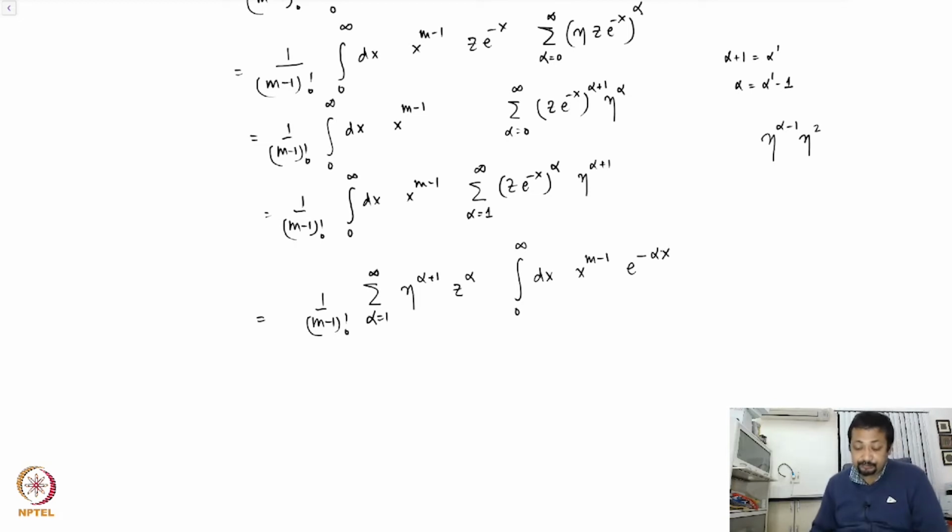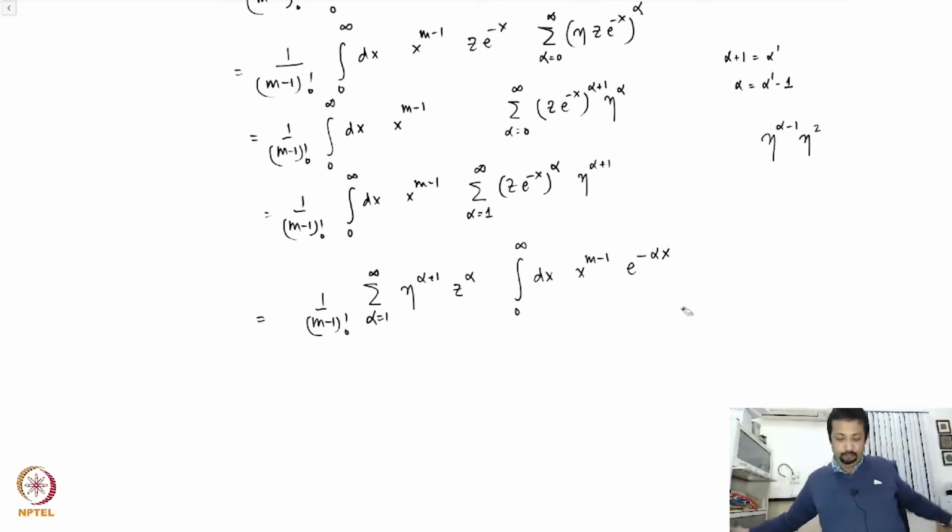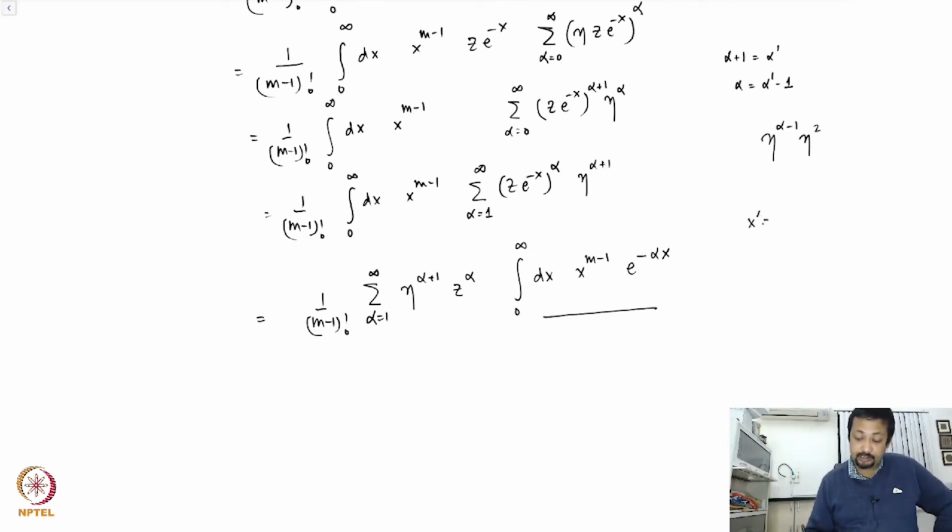And this quantity is well known in the sense that I know how this thing is going to go. In this integral, I can replace x prime as alpha x, so that dx becomes dx prime over alpha.